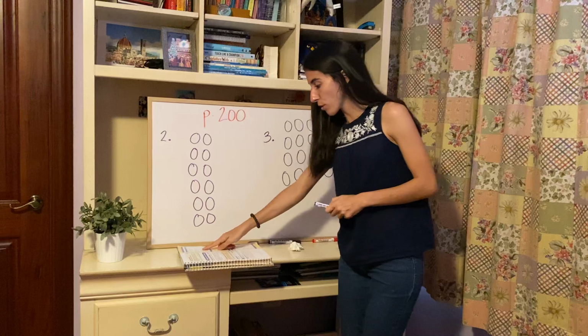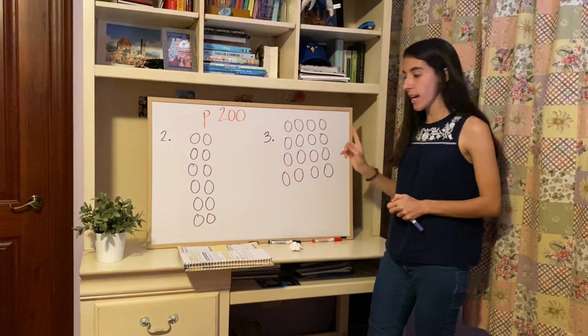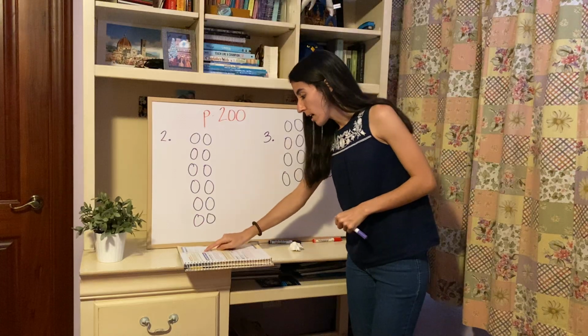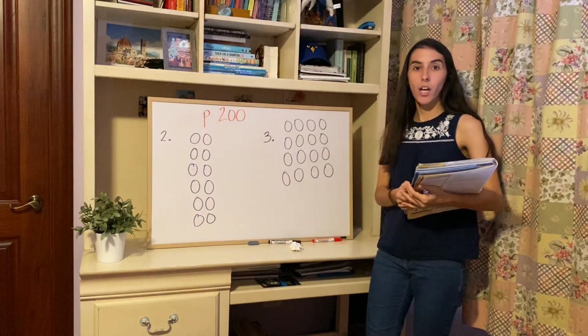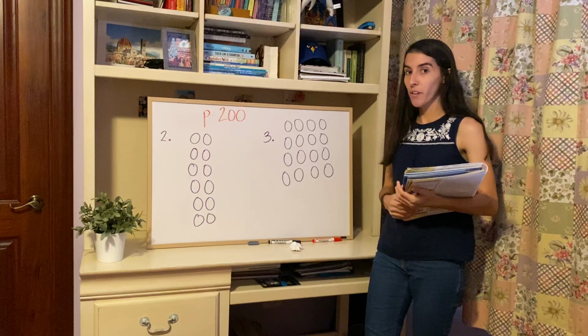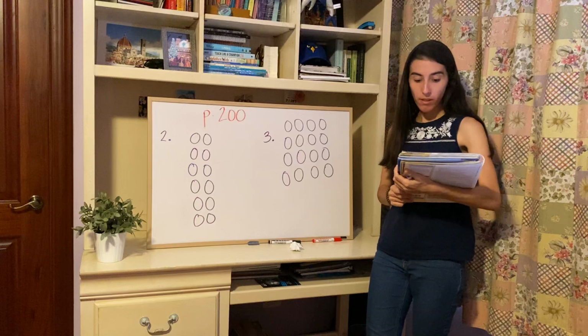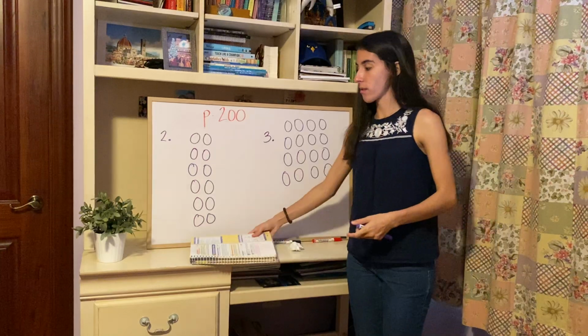So 4 people share 16 pennies. How many pennies would each person get? And then it's asking you for 1/4 of 16 pennies. How do you figure that one out? 4/4, 2/4, 3/4, and 0/4. Okay?